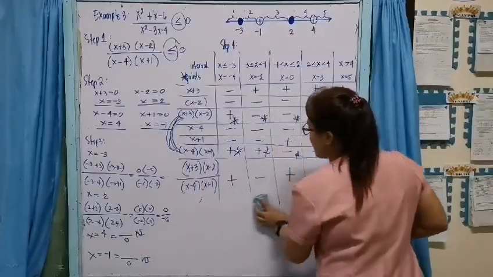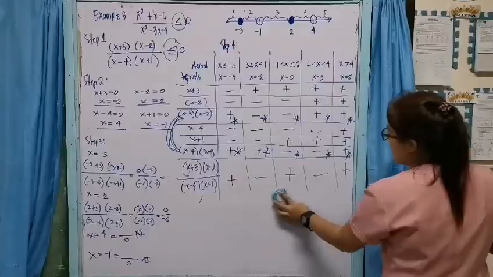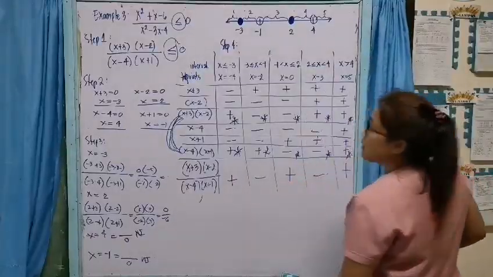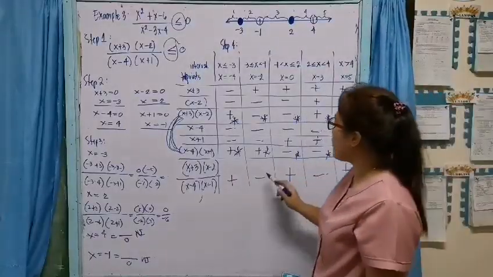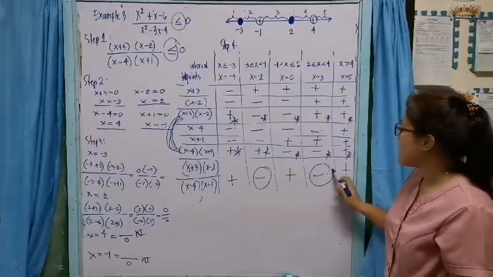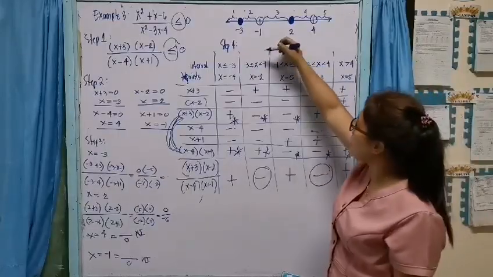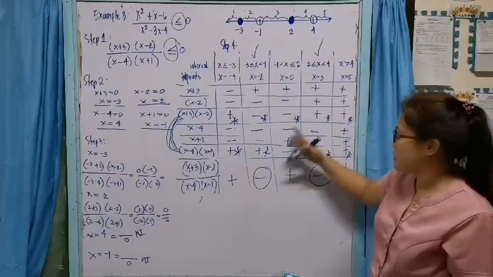Now, looking at the given, it is less than or equal to 0. So what are the numbers less than 0? The numbers less than 0 are negative. Therefore, the intervals that you're going to use are the negatives.